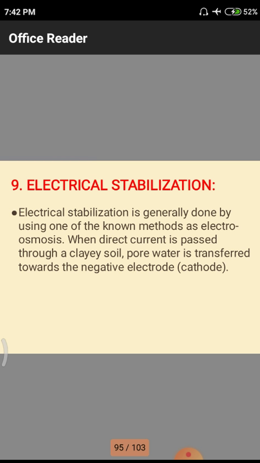In chemical stabilization we are mainly focused on salts, meaning calcium chloride, potassium chloride and sodium chloride. Majorly these three salts are used for the purpose of stabilization.